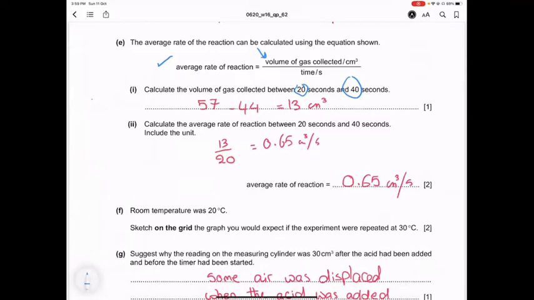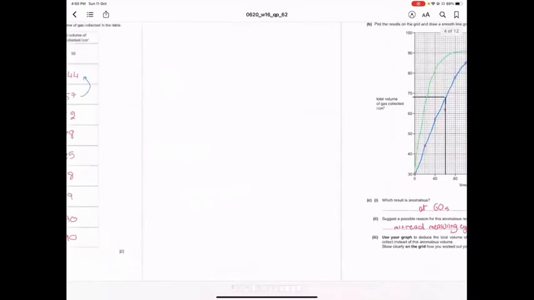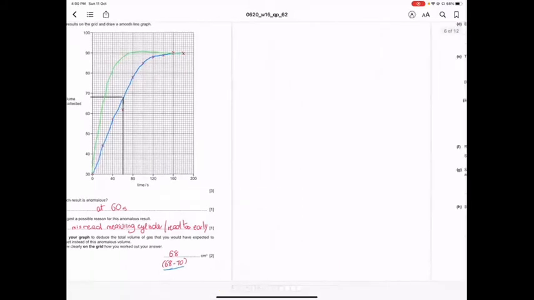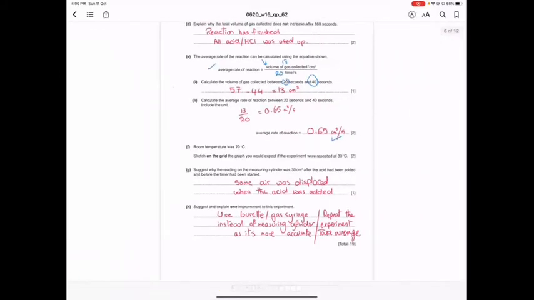So you have the volume of the gas, 13, over the time interval from 20 to 40, which is 20 seconds. It will be 0.65, and you always forget the unit. Centimeter cubed per second. 0.65 centimeter cubed per second. You can get it from the graph. Okay, the unit of the rate is always something measured over time.